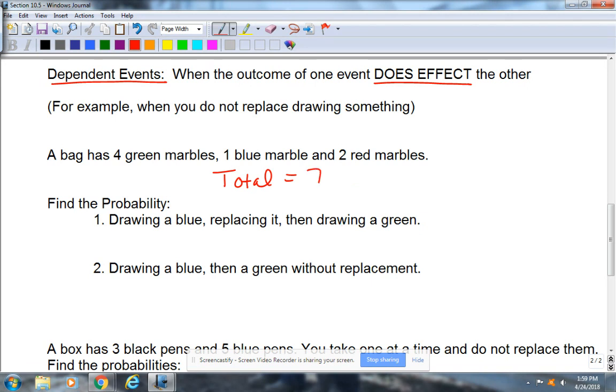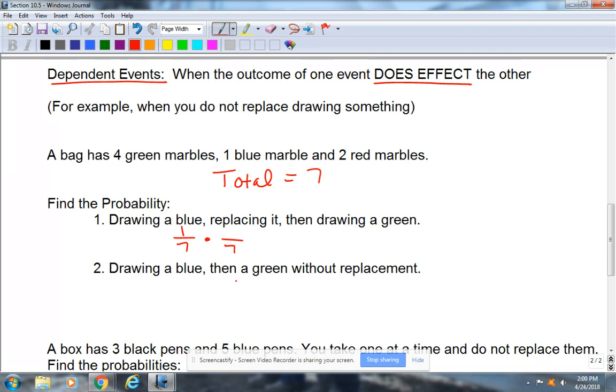So the probability that I reach in and grab a blue one first is 1 out of 7. Does everybody agree with that? Okay. Then I'm going to put that back in. So when I go to get a green one, is my total going to change? No, it's going to stay 7. Does that make sense? And then I'm going to reach in and draw a green.